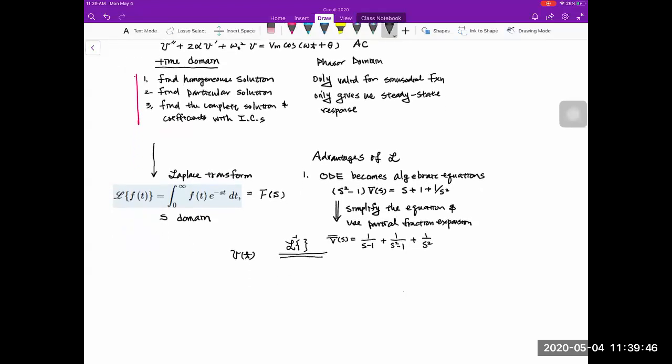The Laplace transform, unlike the phasor, is not only applied to the sinusoidal function, and it can be applied to the step and the impulse.